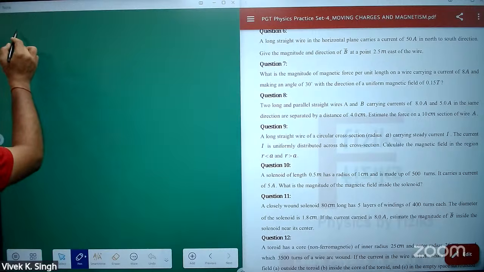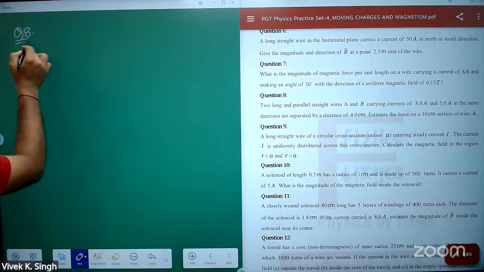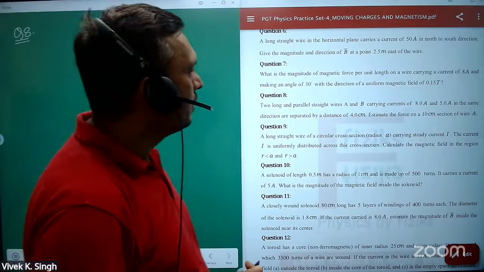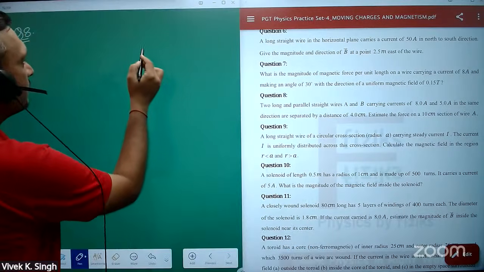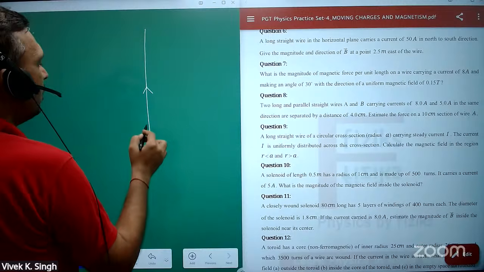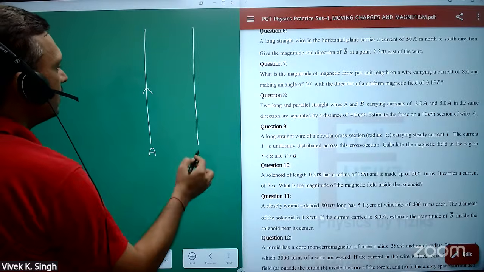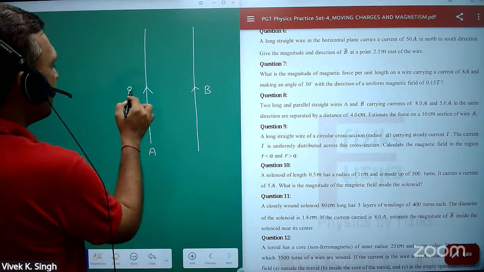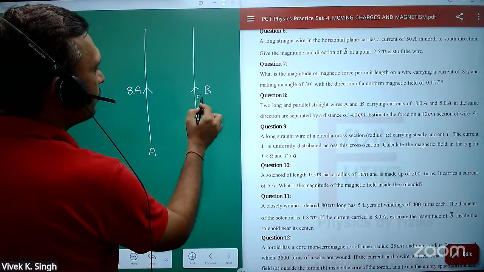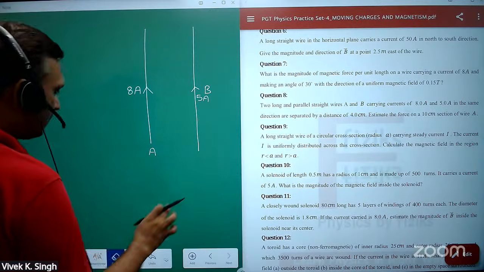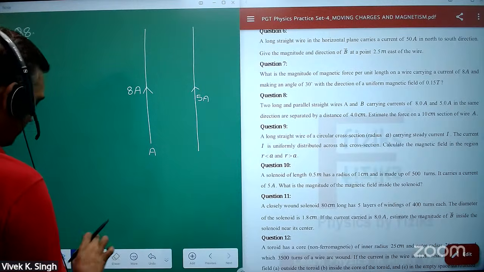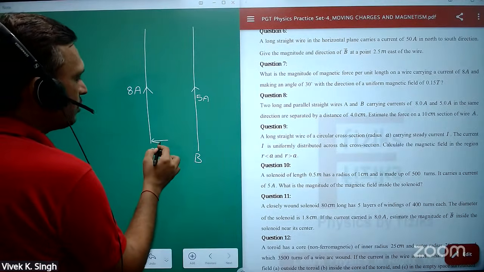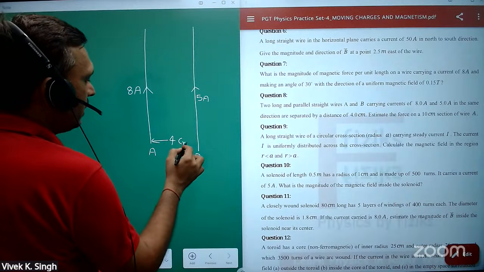Question number 8. Now you have two long parallel straight wires A and B. It's a very long wire A, another wire is B. This carries current 8 ampere, and this carries current 5 ampere, in the same direction, separated by a distance of 4 centimeter.